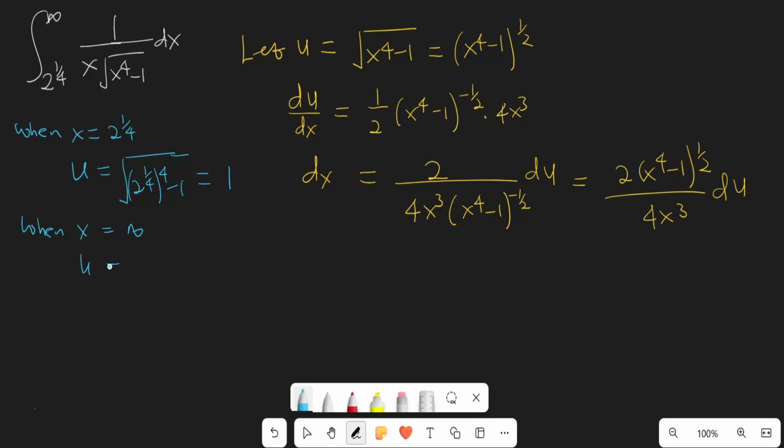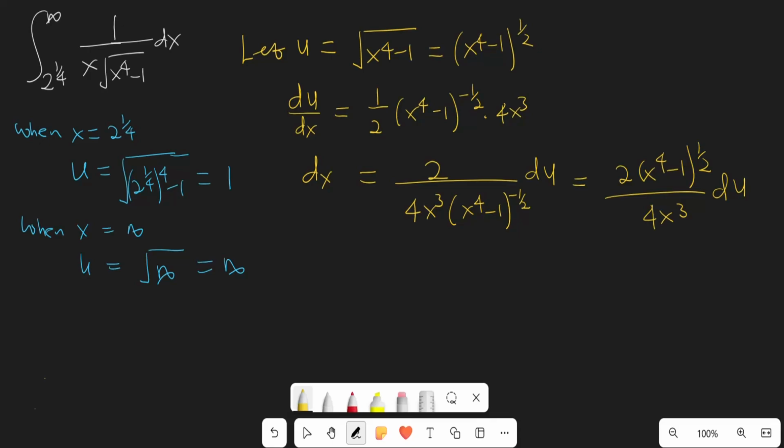We have u equal to the square root of infinity to the 4th power, which is infinity; infinity minus 1 is infinity, and the square root of infinity is infinity. So we have the values for the lower and upper limits for u, which is running from 1 to infinity.